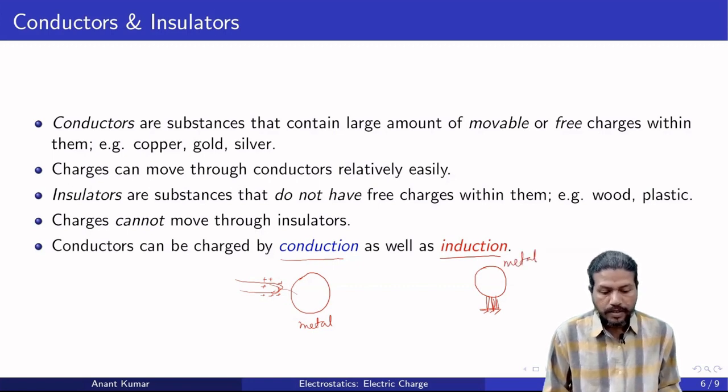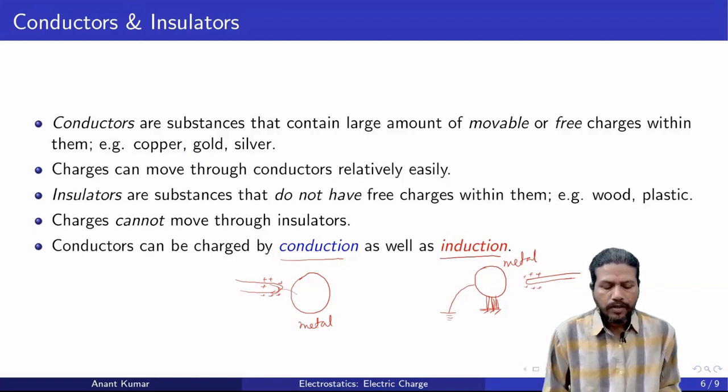Now when I bring a charged body, say for example a glass rod which is rubbed with silk, instead of touching this glass rod to the metal sphere, what I do is I ground this particular metal sphere. Grounding implies connecting to the earth. Earth is taken to be a conductor as well.